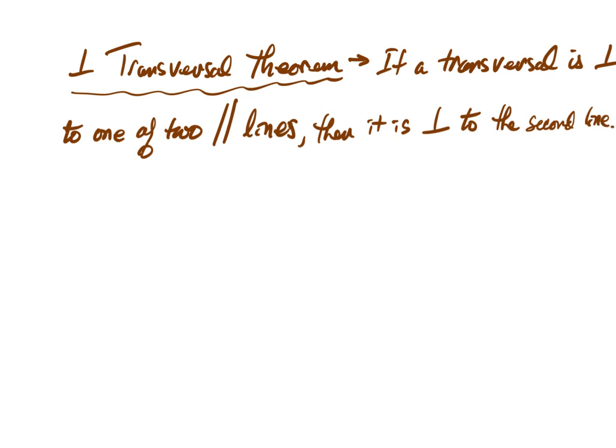If a transversal is perpendicular to one of two parallel lines, then it is perpendicular to the second line as well. Okay, so as you guys are jotting that down, I'm going to start drawing a picture so we have something to work with.